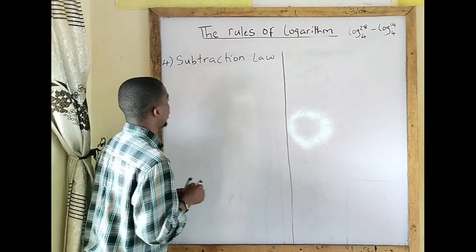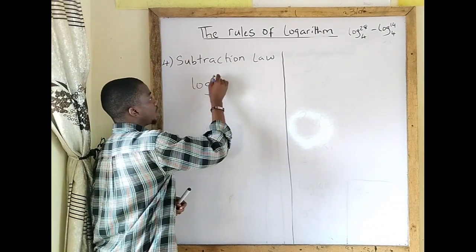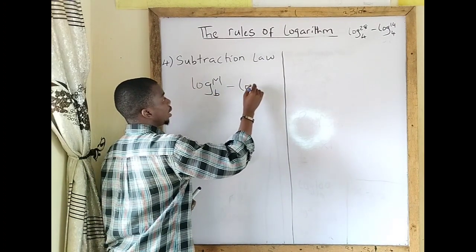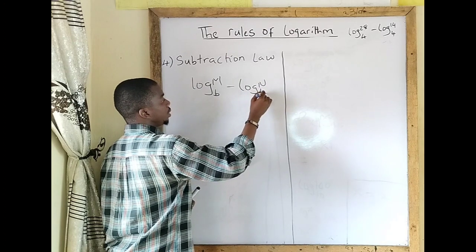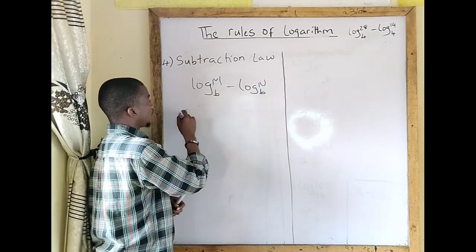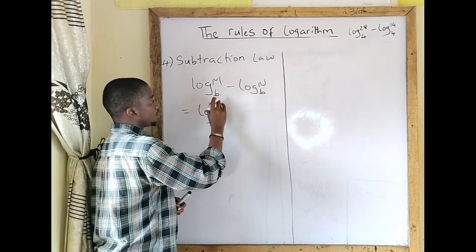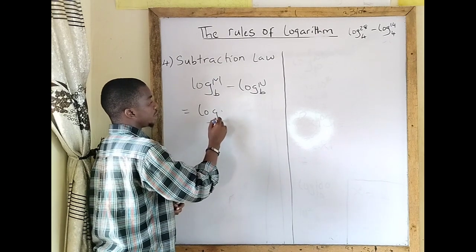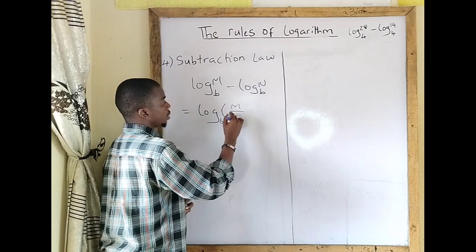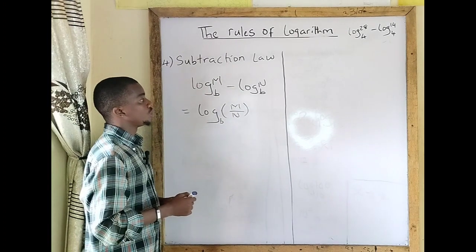If we have log m base b minus log n base b, the rule says you take them to a common base, you can say b and include it in the bracket, however way you want to go about it, all over n. That is what the rule is talking about.